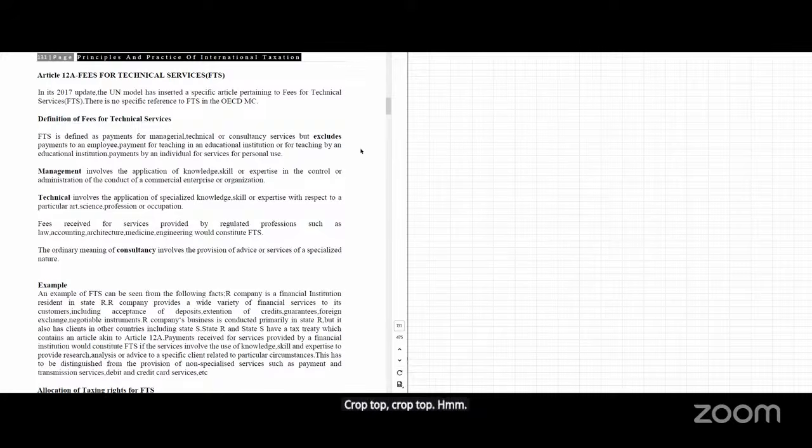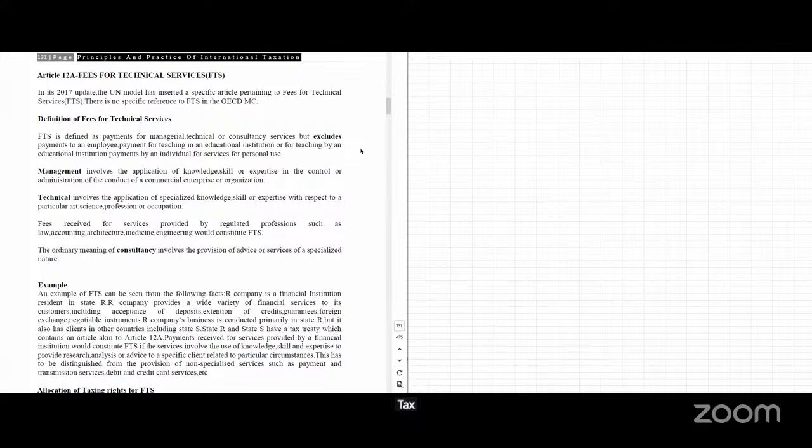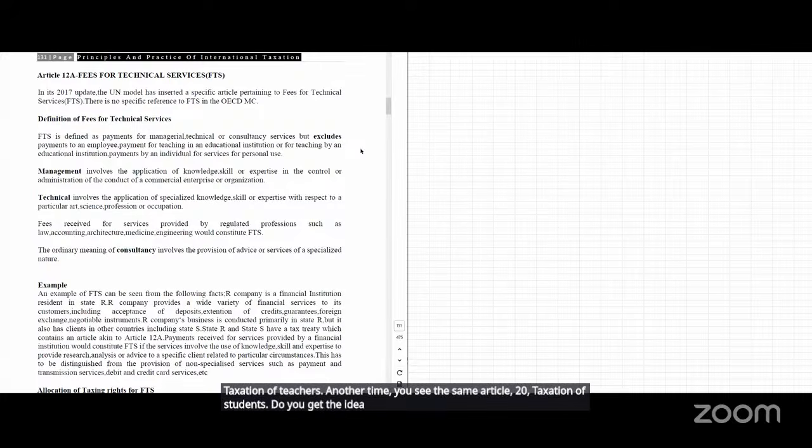So be careful. Don't just follow the article numbers, follow the name that they attach. So they can tell you Article 20, taxation of teachers. Another time you see the same Article 20 as taxation of students. So look at it.